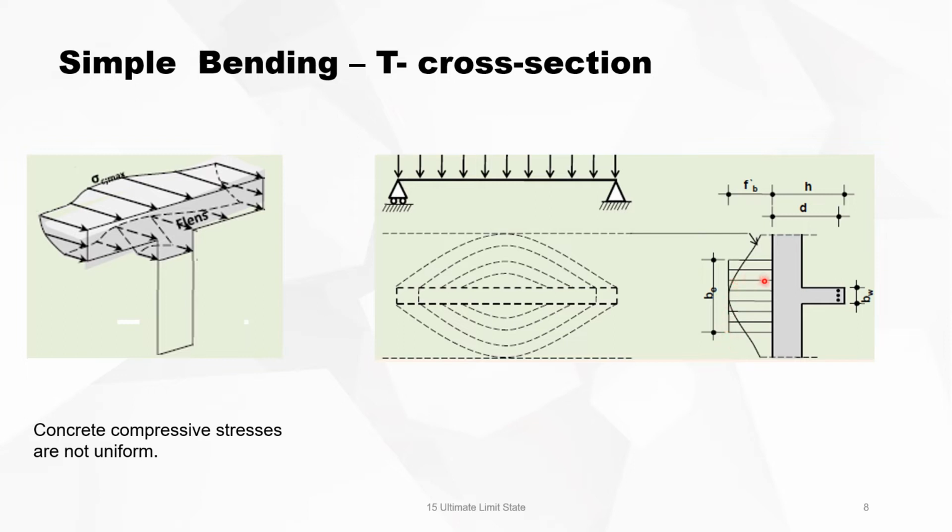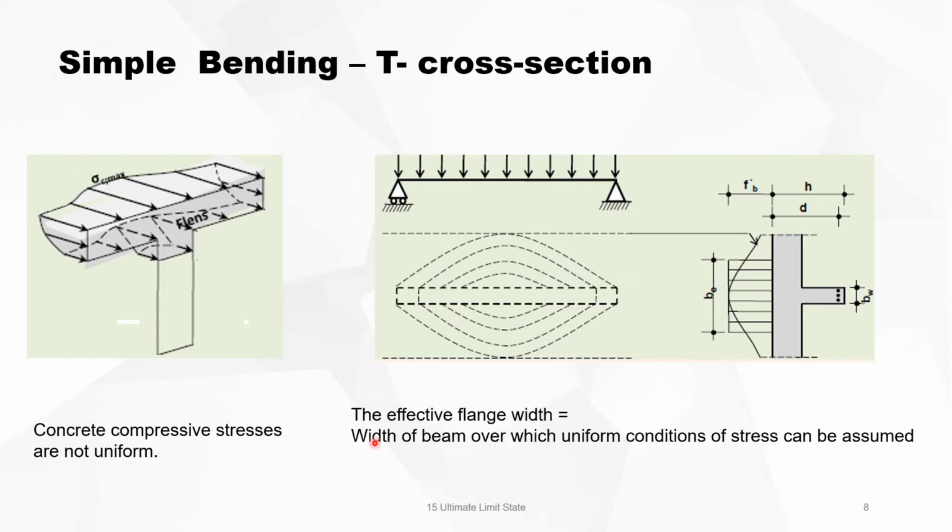So we assume that for a certain width, the compressive force is constant. So at that moment, we can use beam theory. And this width we call the effective width. So the effective flange width is the width of the beam over which uniform conditions of stress can be assumed, where this can be assumed to be straight.